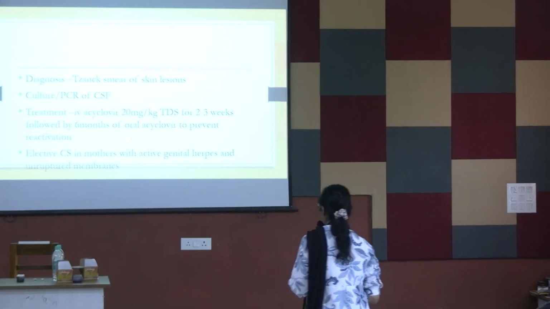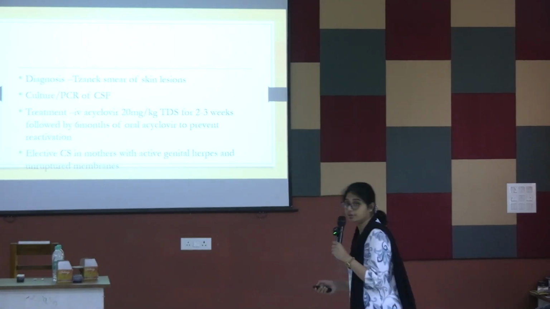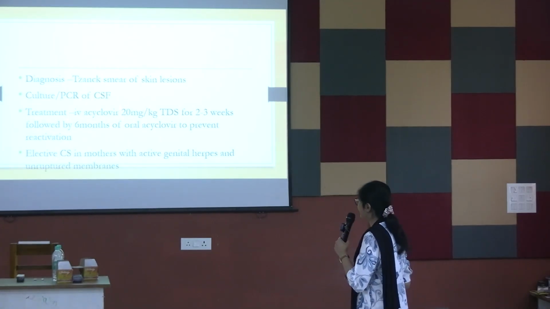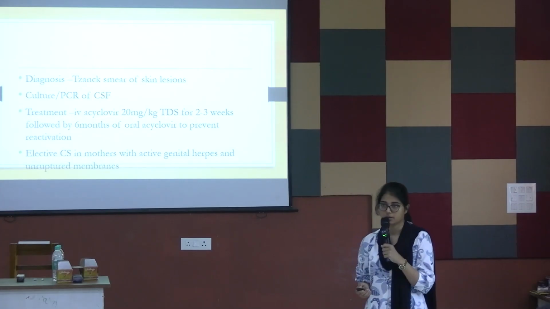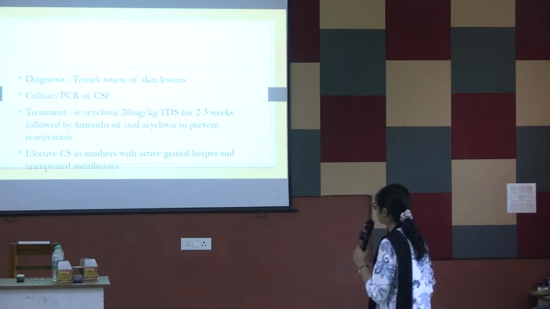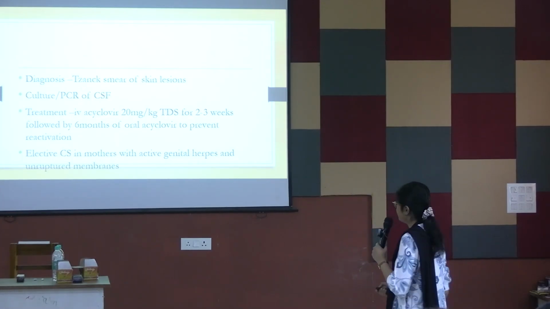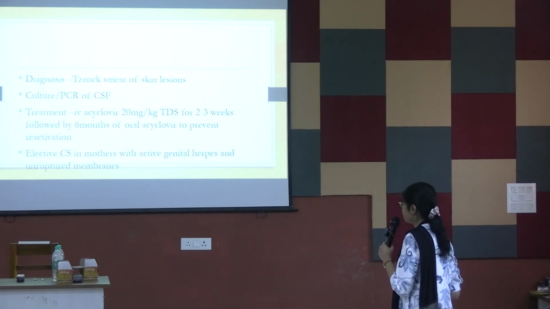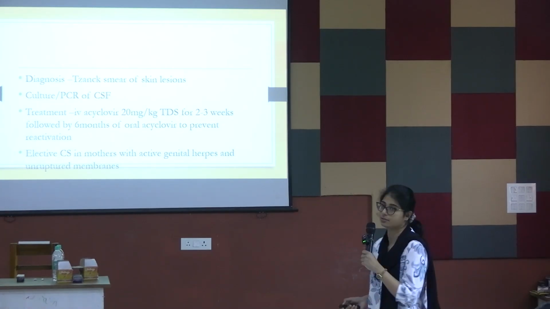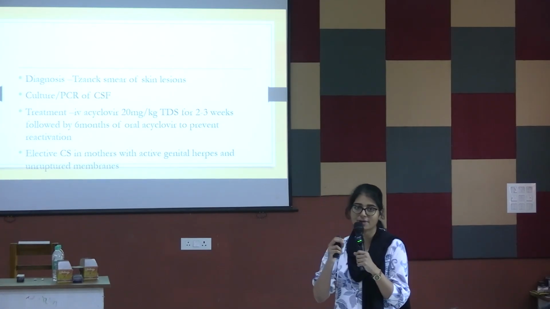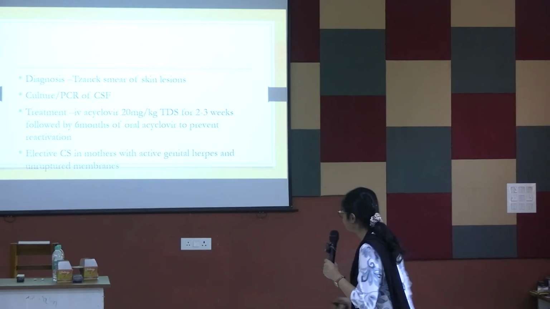What is the treatment? IV acyclovir. What is the dose? 20 milligram per kg body weight, 3 times a day. Duration is 2 to 3 weeks, followed by 6 months of oral acyclovir to prevent reactivation, because herpes simplex virus reactivates again.